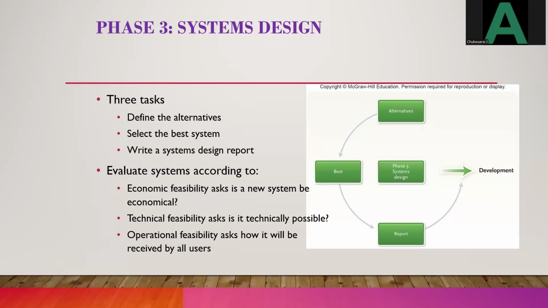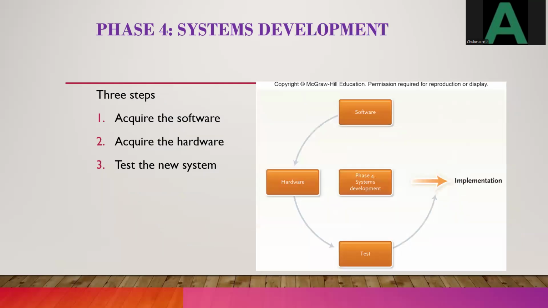Operational viability: how will it be received by all users? If IT staff are well equipped with knowledge to deploy this system, what about the staff, the end users? Are they prepared to use this new system? So these are the kind of options you weigh in your system design, right?